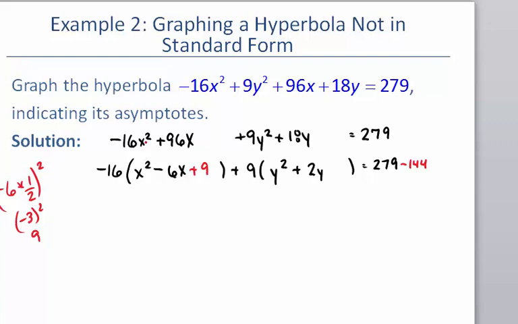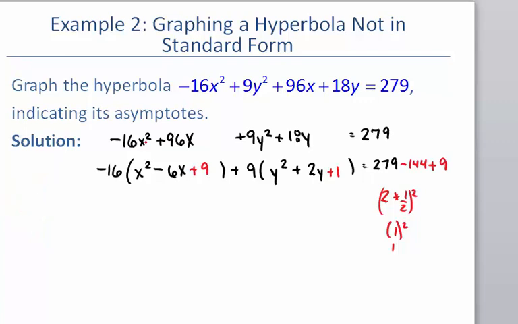Okay, let's do it for the y's. So we're going to take our middle term, which is 2. We're going to multiply that times 1/2 and square. And so we know that half of 2 is 1, and 1 squared is 1. So I'm going to add the 1 in here. And then what do I need to add on the other side to balance it? This 1 is being acted on by the 9, so 9 times 1 is going to give me 9.